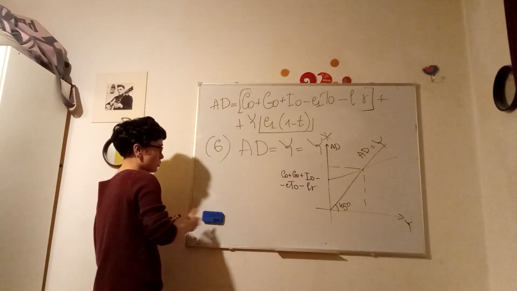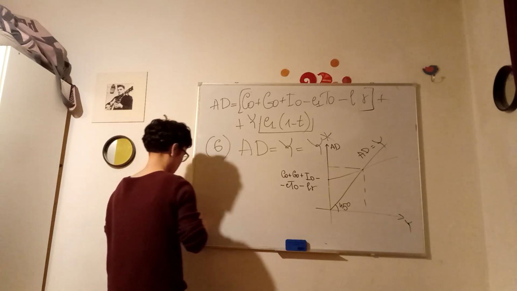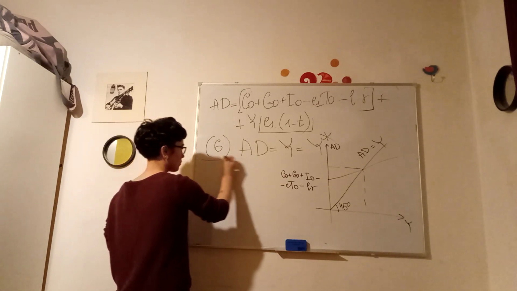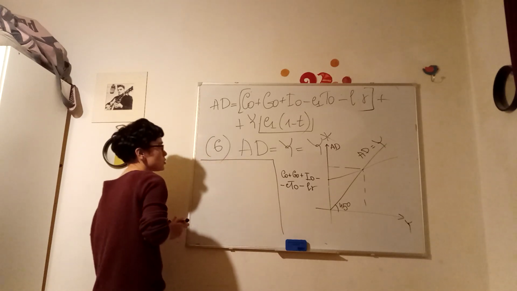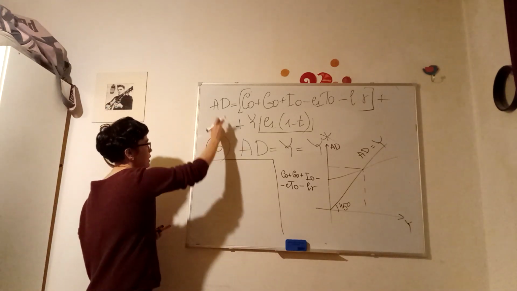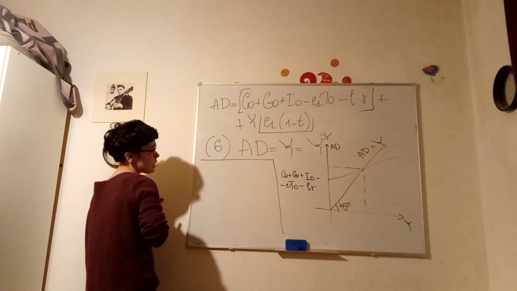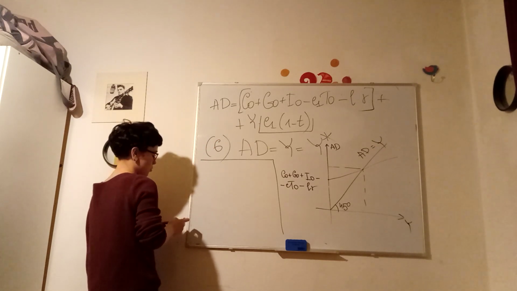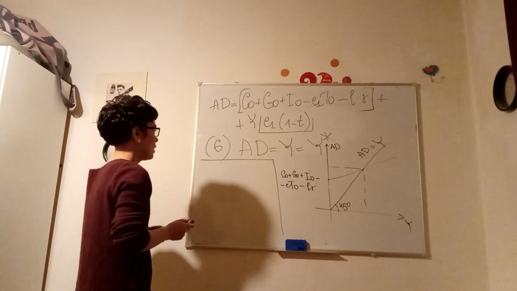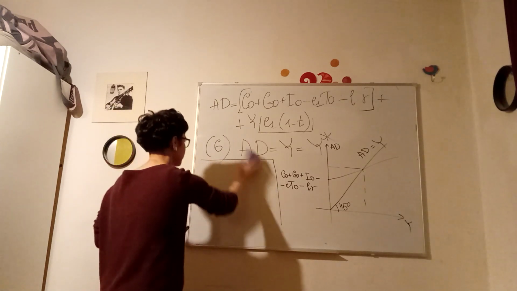So in order to calculate this, you simply replace AD and income with Y star, which stands for equilibrium output, equilibrium income.